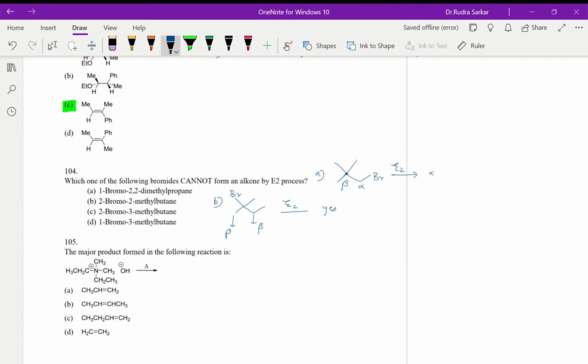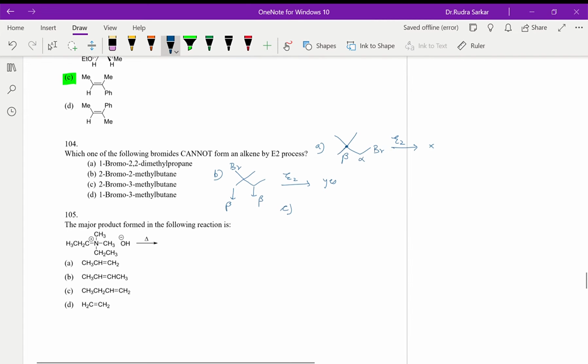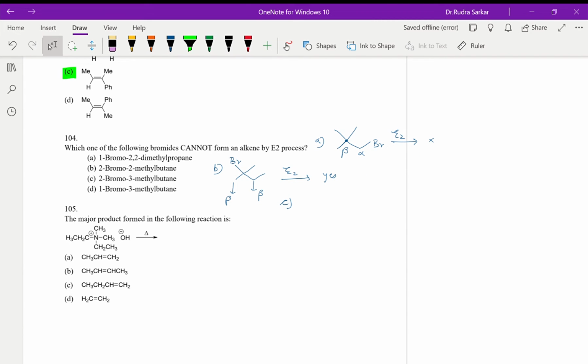For C, let's see, the compound is that one, and again it has in the beta position a hydrogen, so that too can undergo an E2 process.